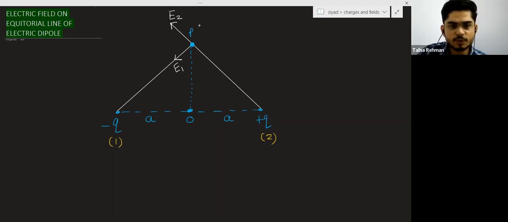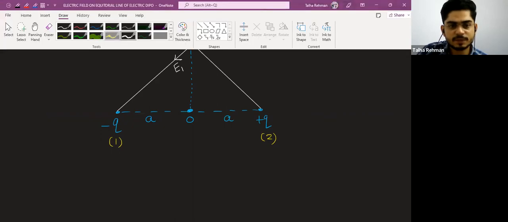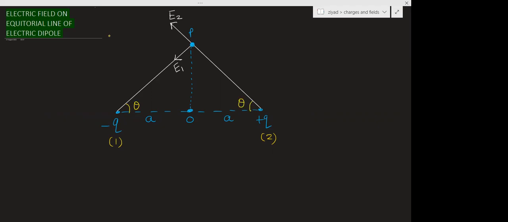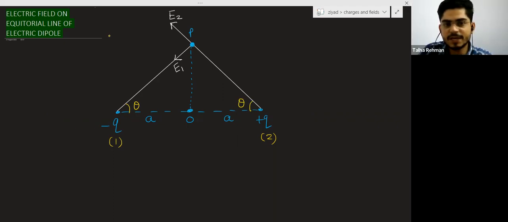Now I am supposing this angle as theta, and as this is a symmetrical figure, I can say this angle is also theta. We have one electric field in this direction and one electric field in this direction.